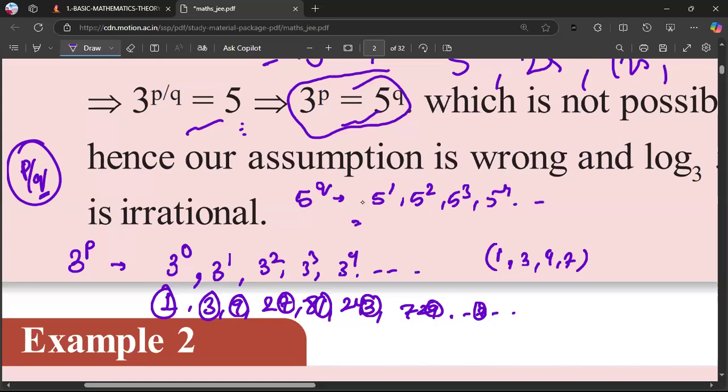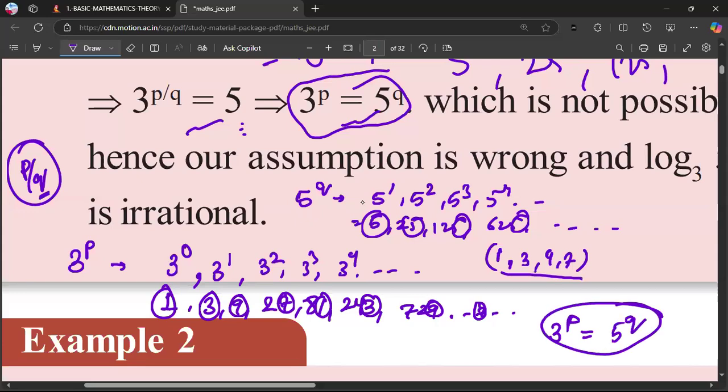If we write 5, 25, 125, 625, whatever numbers come, the unit place is 5, which was not a single case in the powers of 3. So for any p and q, these two cannot be equal. So they just cannot be equal. Understood?